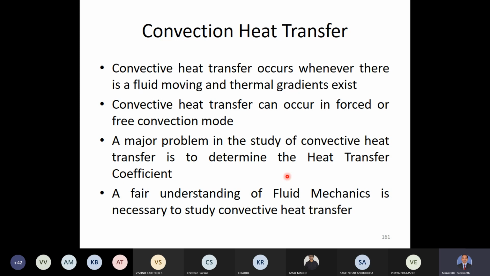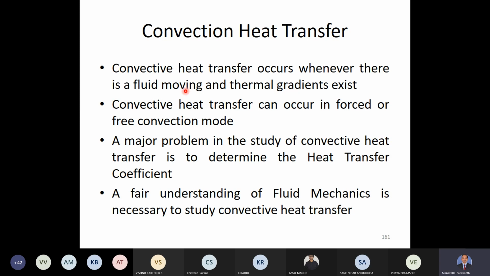Maybe some of you have already done it. In that experiment also, we have these two modes of natural convection and forced convection. There we will determine the heat transfer coefficient using the experimental method and also using what are known as heat transfer correlations. So what are these correlations? You will see very soon.